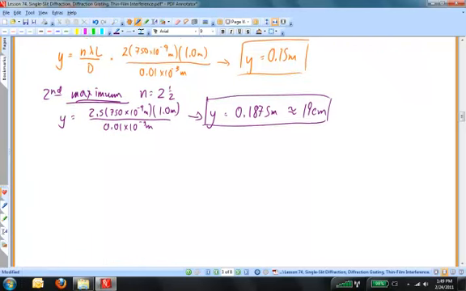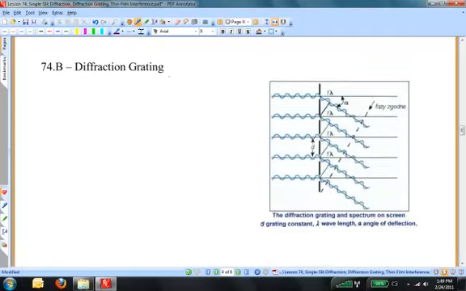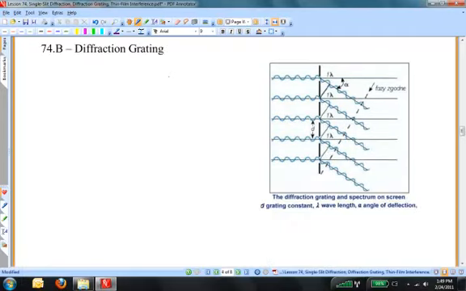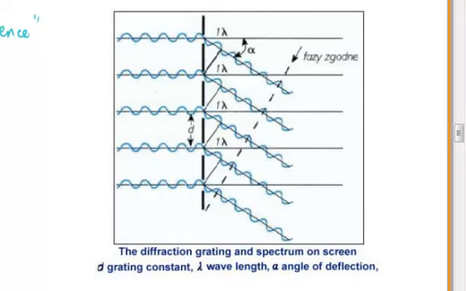Now let's move on to the diffraction grating. A diffraction grating can be thought of as a picket fence for light, consisting of closely spaced ridges or rulings that diffract light that encounters them. This diagram shows an image of a diffraction grating in schematic form.